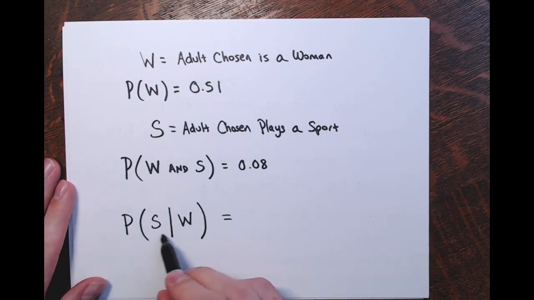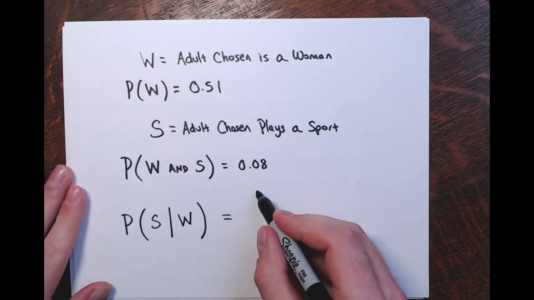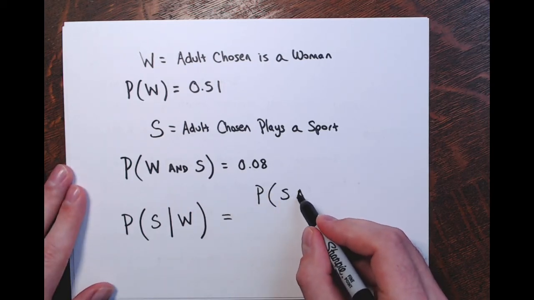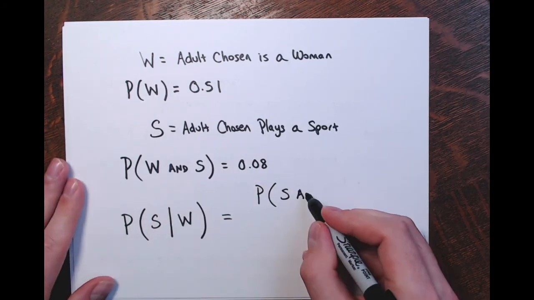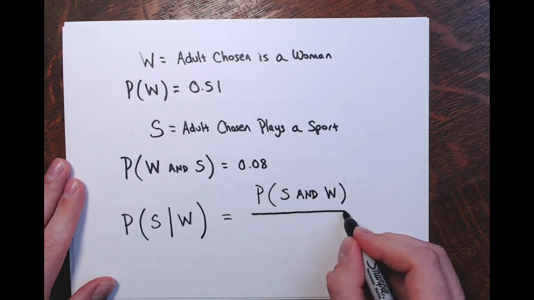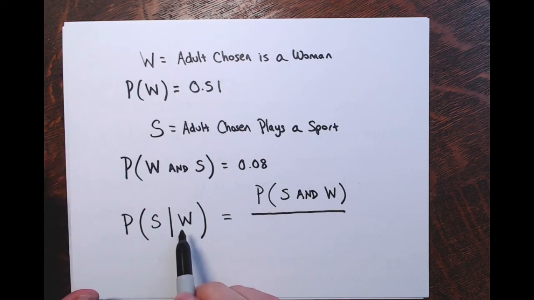Now if you replace these with A and B in the formula earlier, remember this is the probability of S and W, or W and S. S and W, W and S is the same thing, divided by, so this is conditional probability. Conditional probability can be calculated this way.